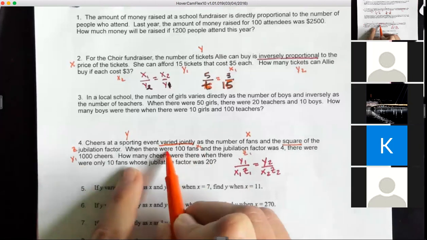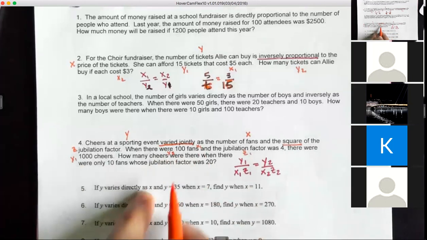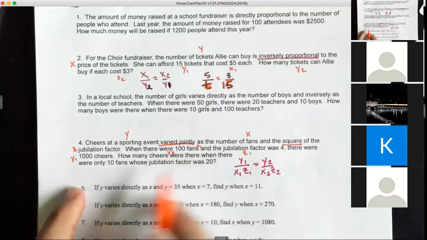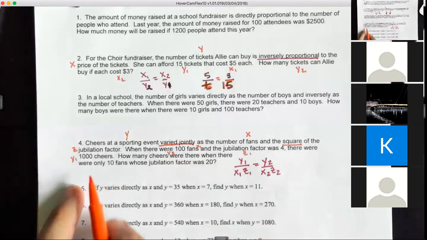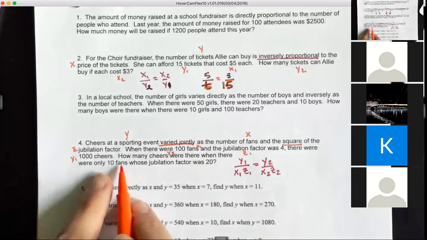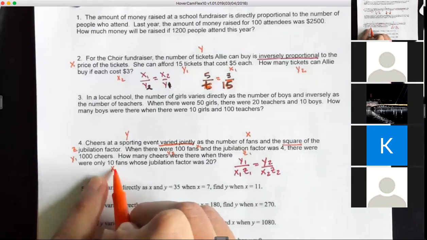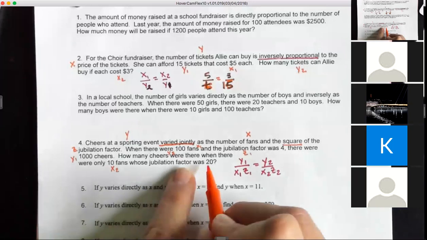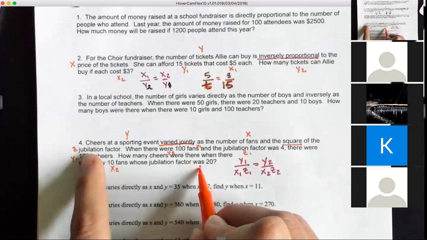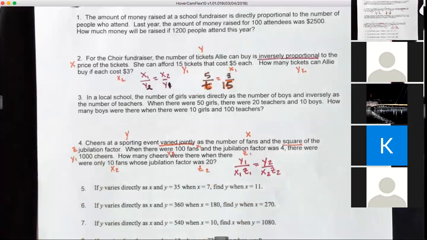How many cheers, there's our y2, were there when there were only 10 fans? So again, x2, whose jubilation factor was 20, and there's our z2. I have clearly no idea why I didn't edit that better.